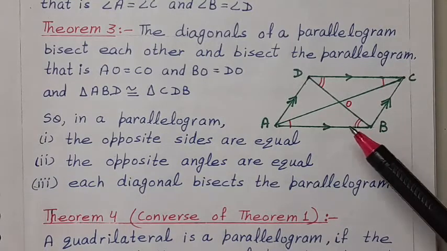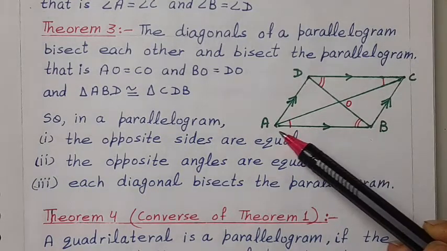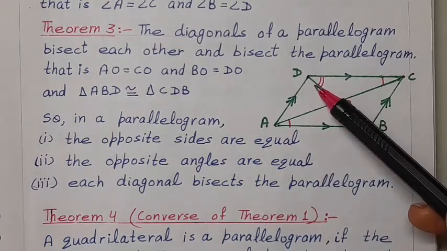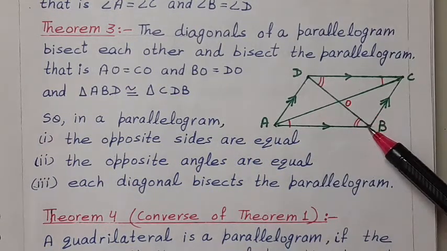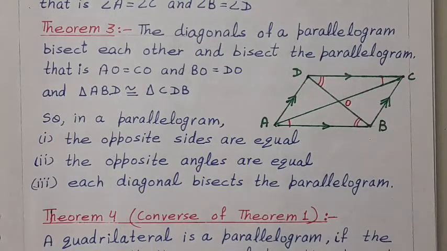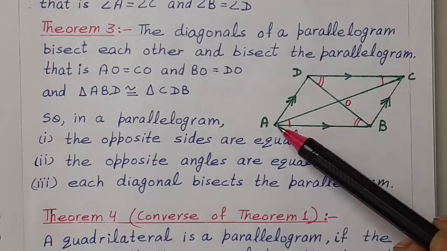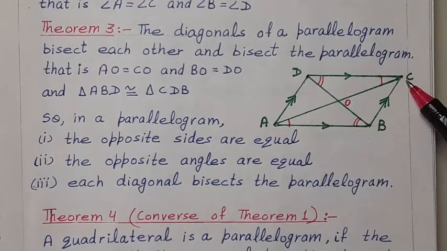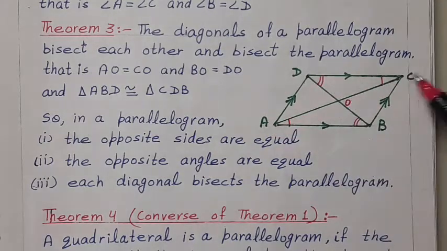Also, triangle ABD is congruent to triangle CDB. I hope it is clear to everyone. Similarly, triangle ABC will be congruent to triangle ADC.